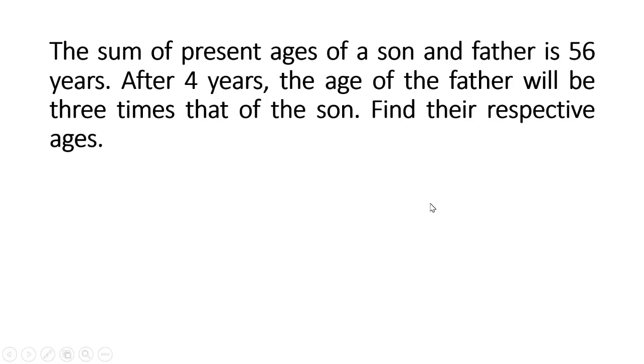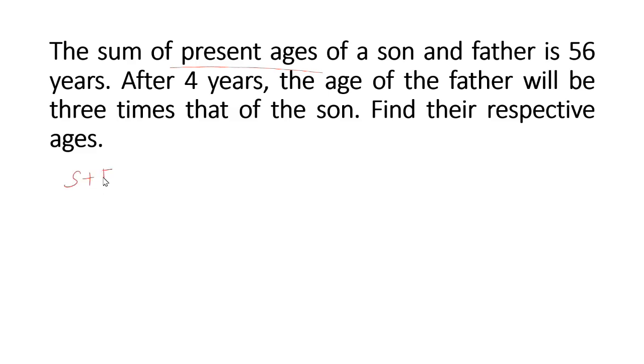Moving on, the sum of present ages of a son and father is 56 years. After 4 years, the age of the father will be 3 times that of the son. Find their respective ages. So let us break down the question. The sum of present ages of the son and father is 56 years.